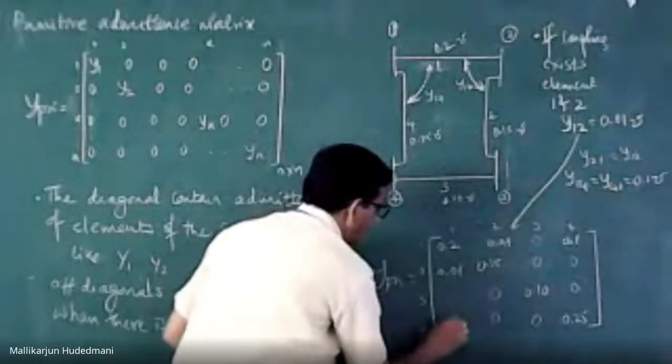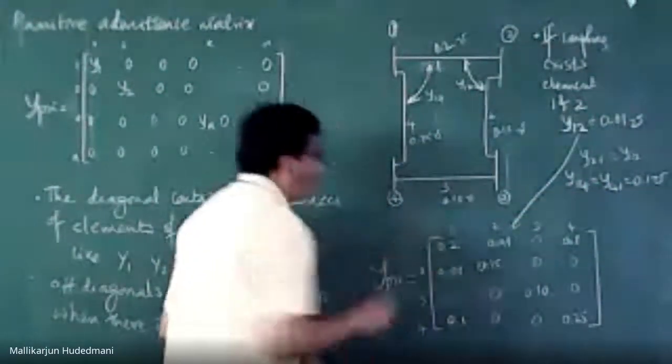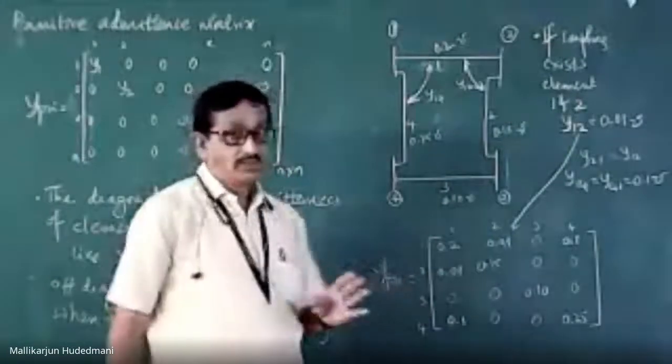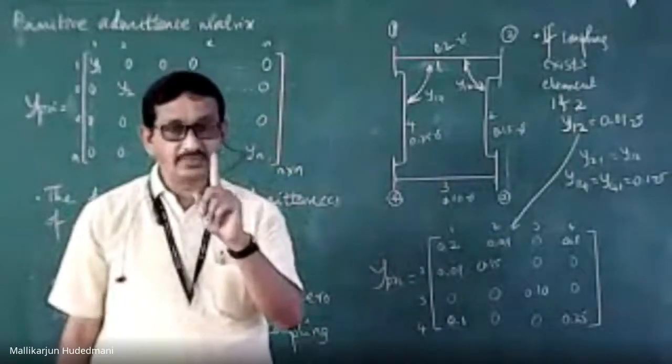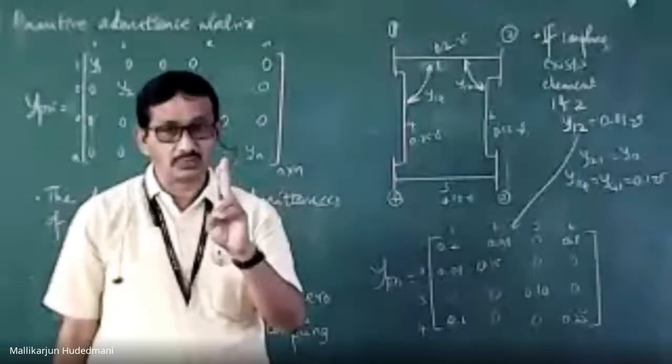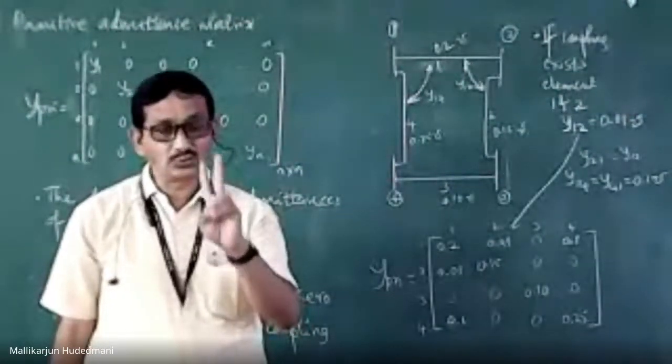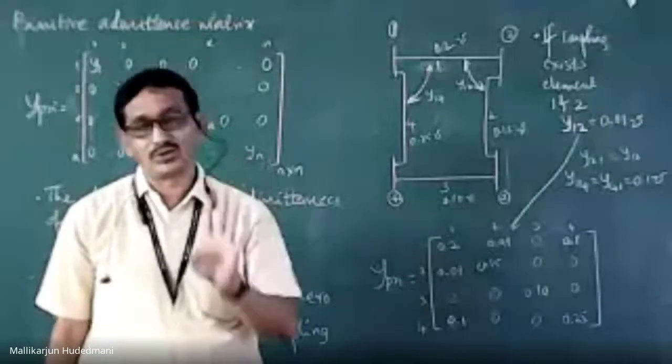This will become 0.1. Now I just conveyed, if there exists a pair, meaning two lines having mutual coupling, you will have at least two elements in the system modified.